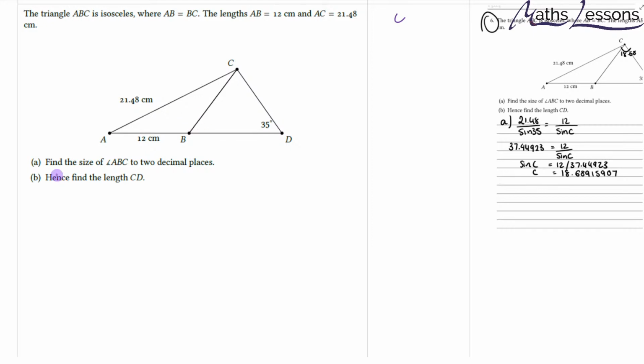Okay, so last question, find the angle ABC to two decimal places.